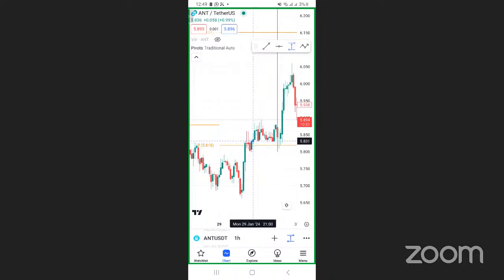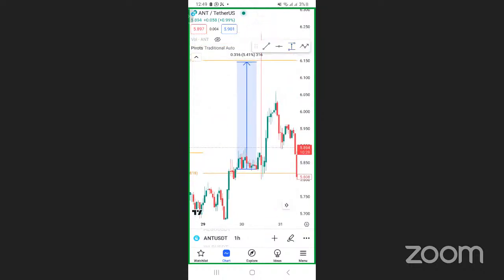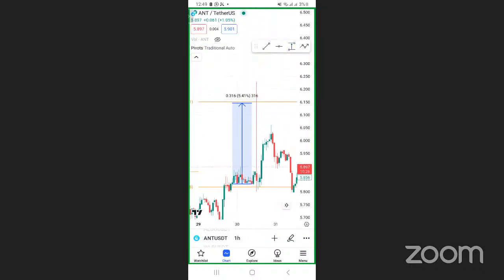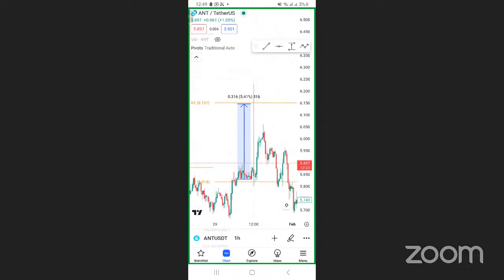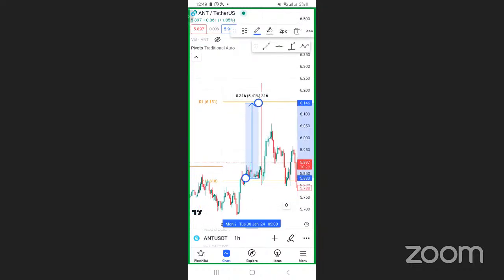And now see, we had to try the what? The resistance. I think this candle pushed, went up, and then it went up to R1.